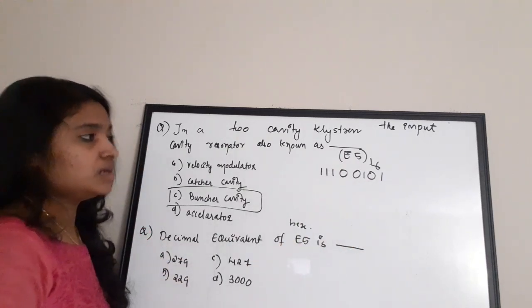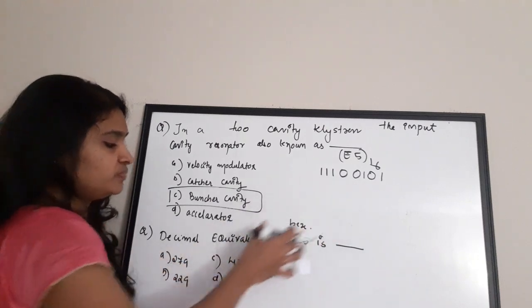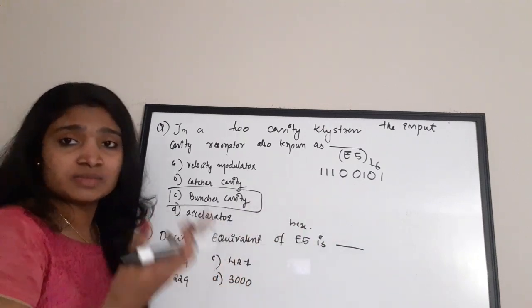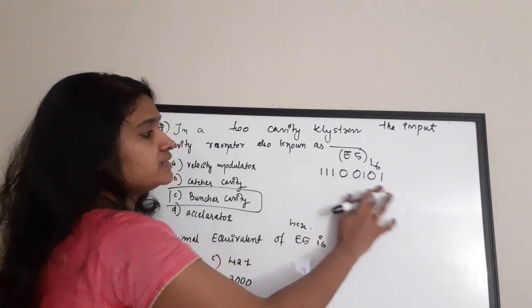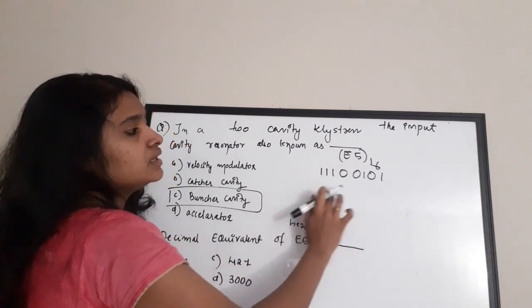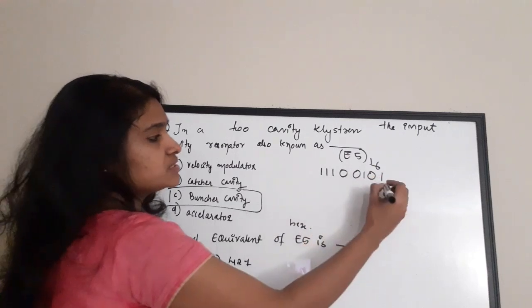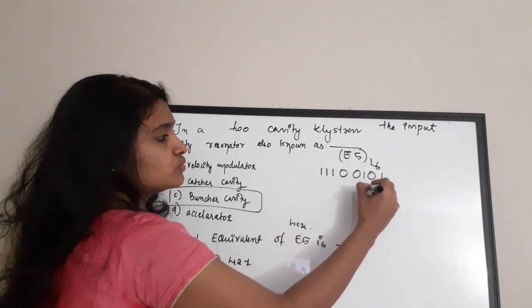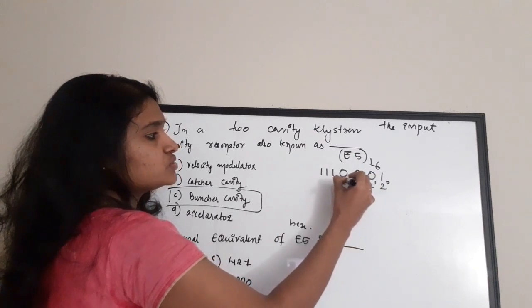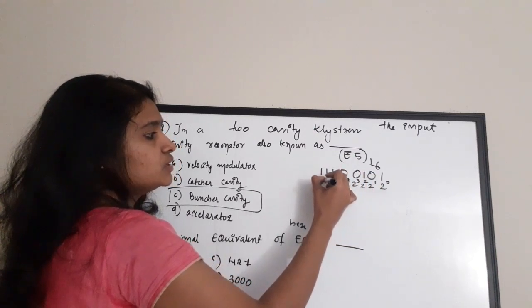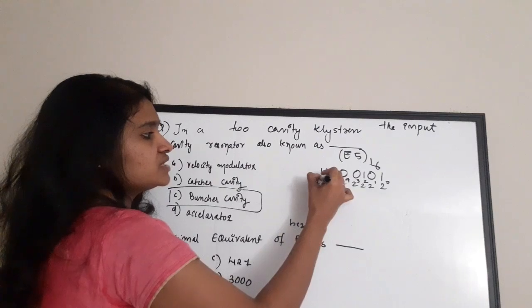Okay. Now I'm going to convert this into which format? Decimal format. Binary means to the base of 2. So I'll write, below these numbers, 2 raised to 0, 2 raised to 1, 2 raised to 2, 2 raised to 3, 2 raised to 4, 2 raised to 5, 2 raised to 6, 2 raised to 7.